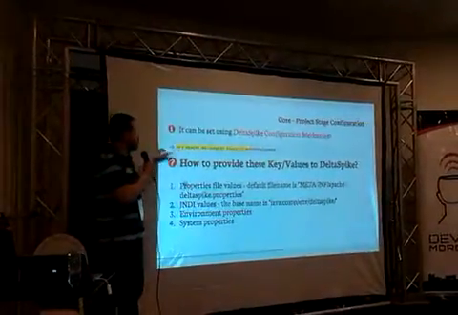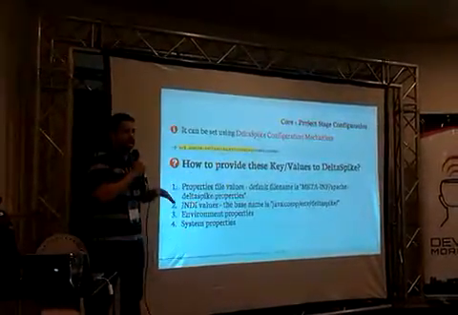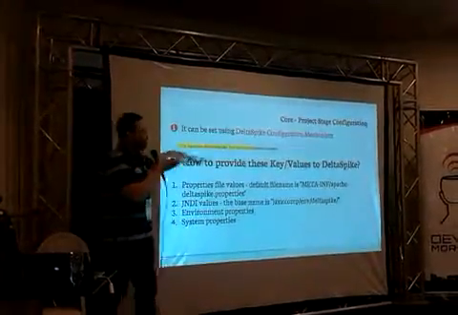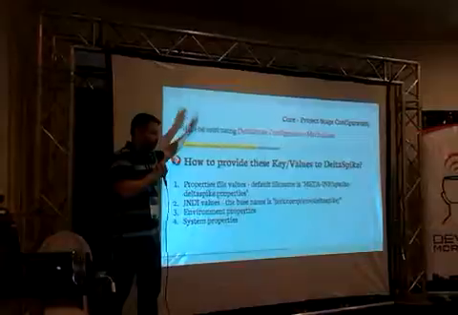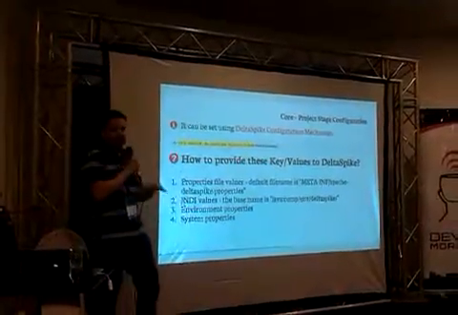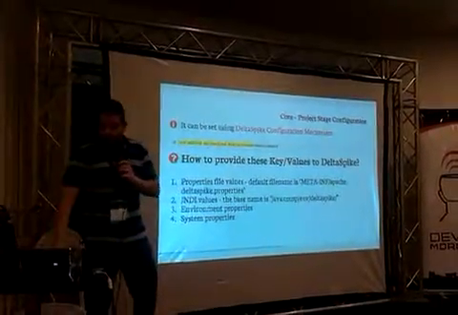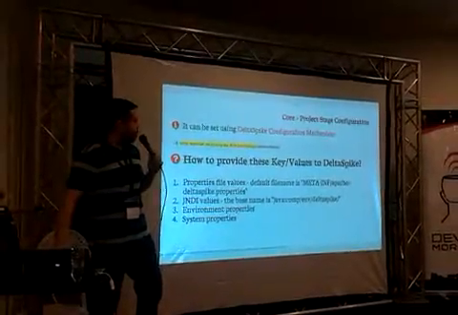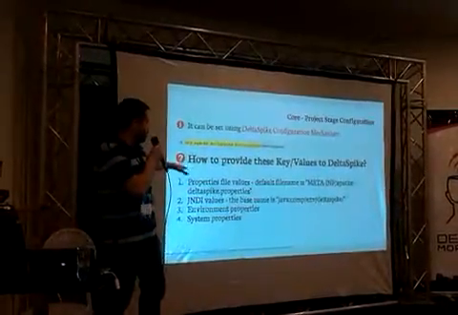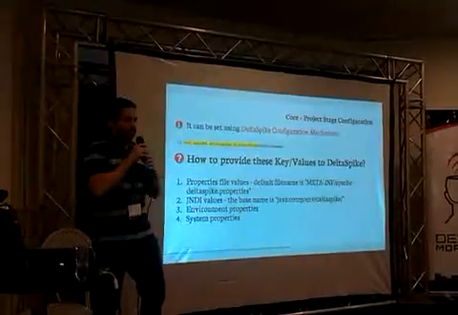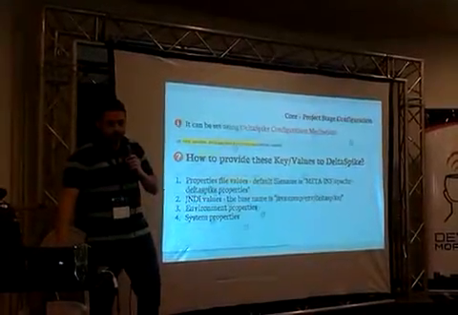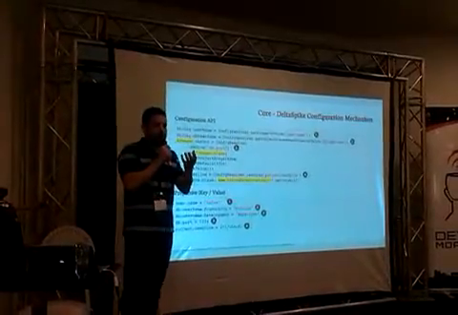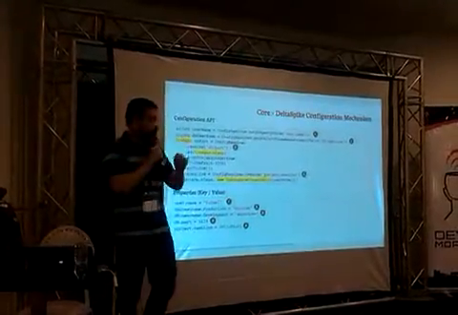System properties is like when you are starting the JVM, you place java -D and the configuration value. This will override all the previous values, okay? But then you can use this configuration mechanism not only to provide DeltaSpike configuration, but you can also use the configuration API to configure your application.